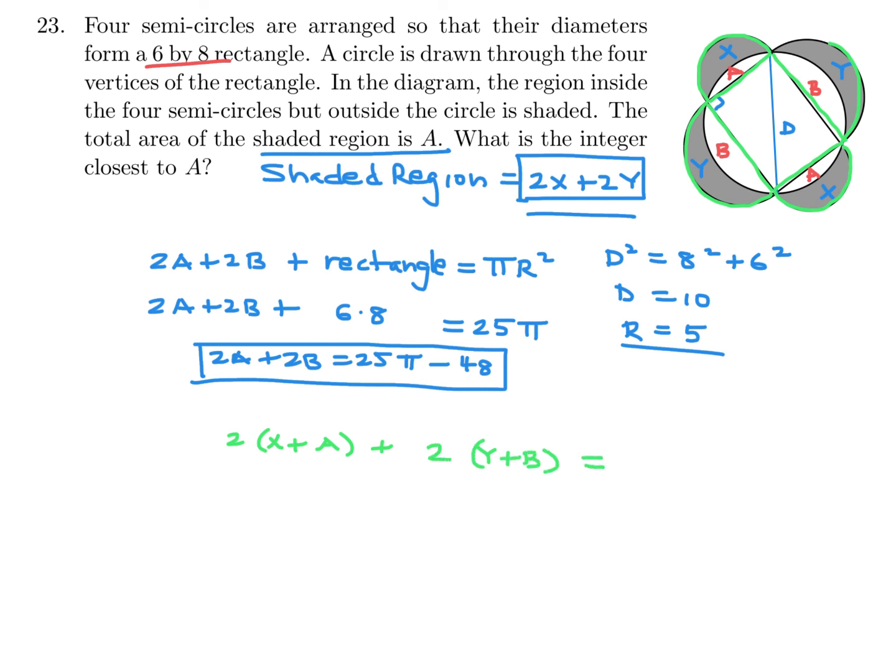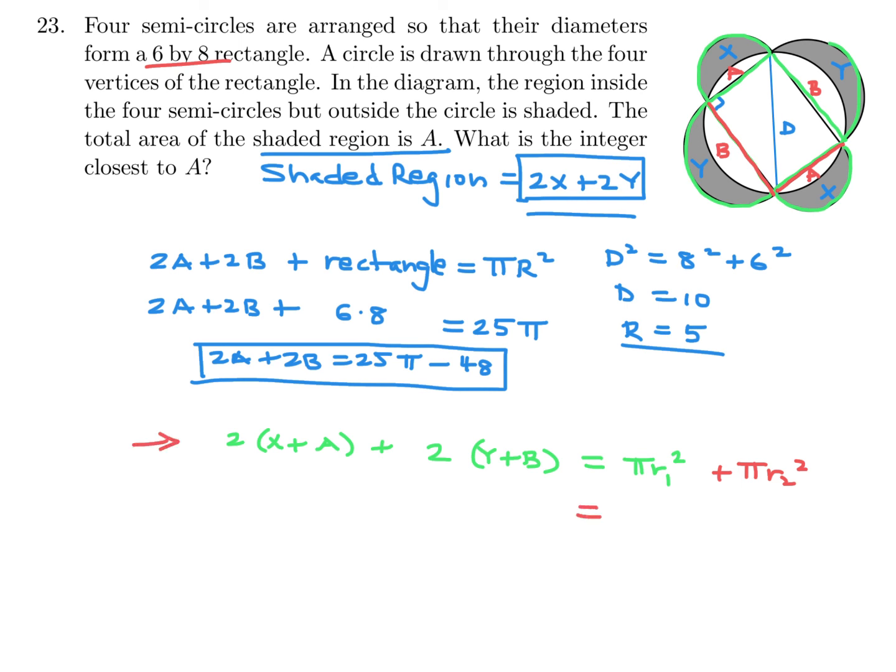But what are they? If you take those 2 smaller semicircles and combine them, it would be one circle, and that would be pi r squared. I'll just call it r1, where r1 is the radius of that smaller semicircle. And the bigger one, same thing, it'll be pi r2 squared, where r2 is the radius of that semicircle, and of course if you combine 2 semicircles you get 1 circle. So this is the way of combining all those letters.